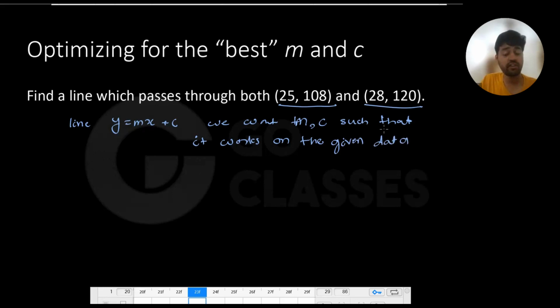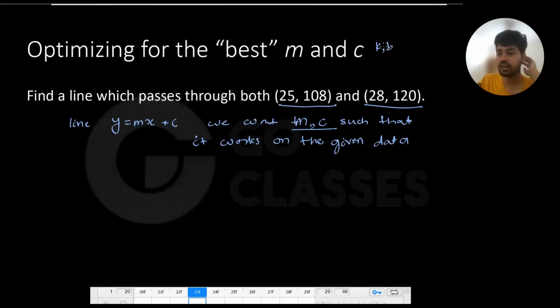Okay, so optimization is all about this. I know the given data. I know my model. I know my model has some parameters m comma c, and I want to find the values of m comma c which work for the given data. Is that clear? So same thing we did in case of population as well. We wanted to find k comma b which worked for the given data.